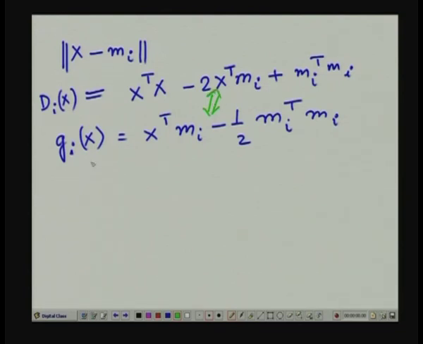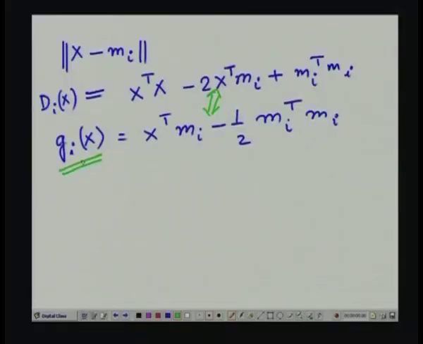So, I will say that this x will belong to that particular class for which this discriminant function g i x is the maximum. So, x will be assigned to that particular class for which g i x gives the maximum numerical value.